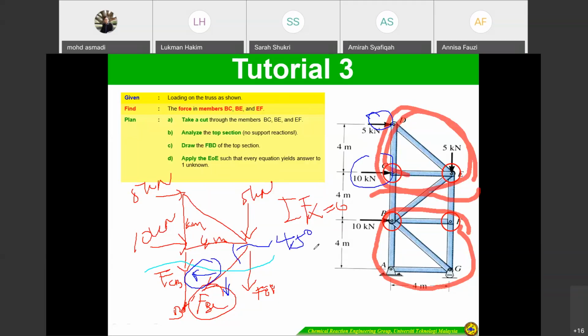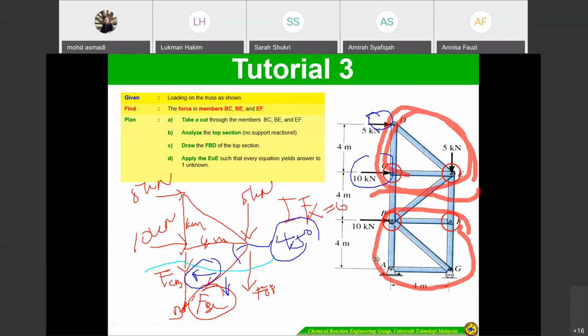So FBE cos, and 5 plus 10 minus FBE cos 45, so you can get FBE. Okay, so please determine FBE.